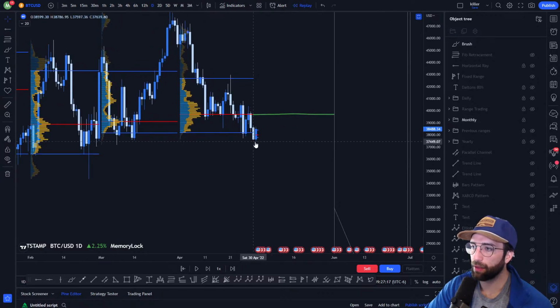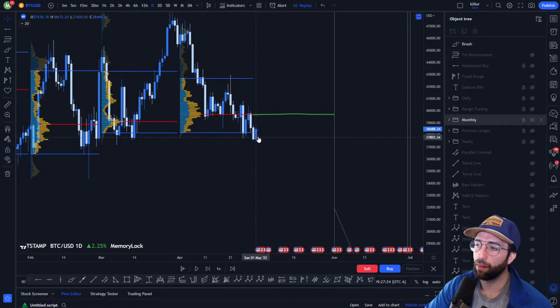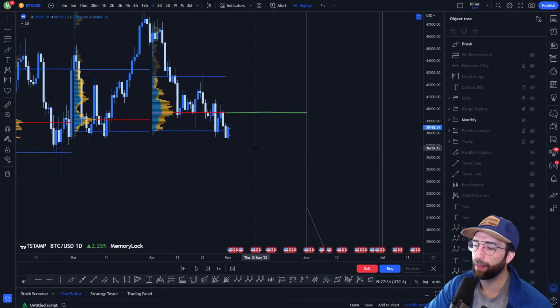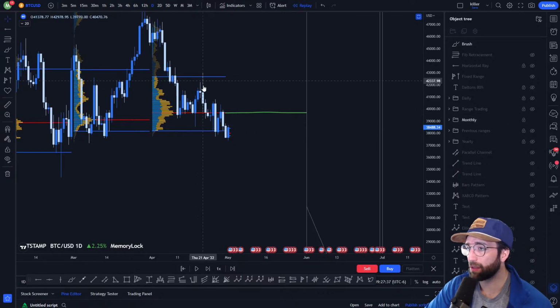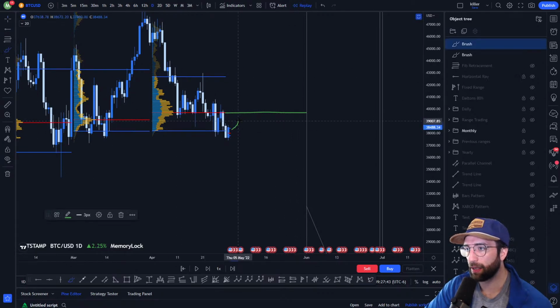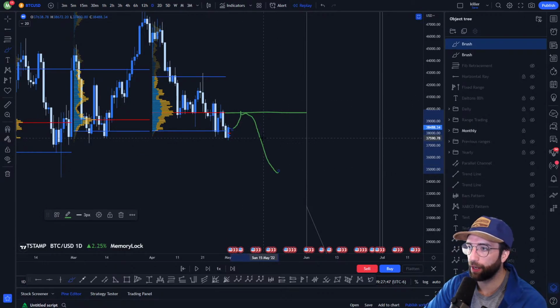So we can see here that price closed below the value area here. And this is May 1st. The month closed below the value area, and we're looking to regain acceptance back into the value area. Well, at this point, because the month is closed, this level here is a naked point of control, because price has not traded back up to touch it and then come back down, or break through it, or whatever.